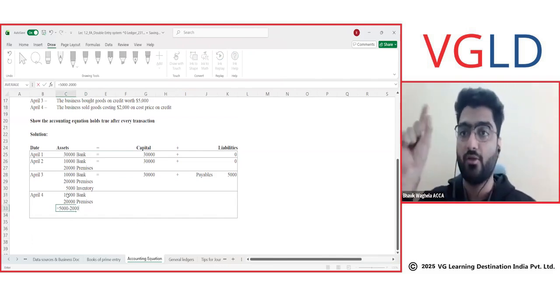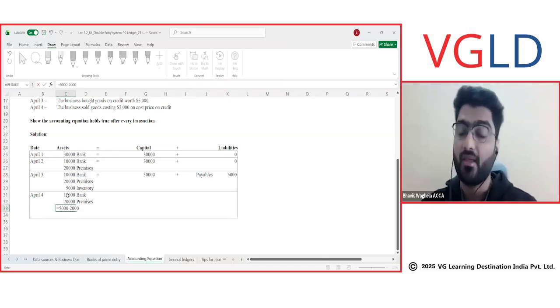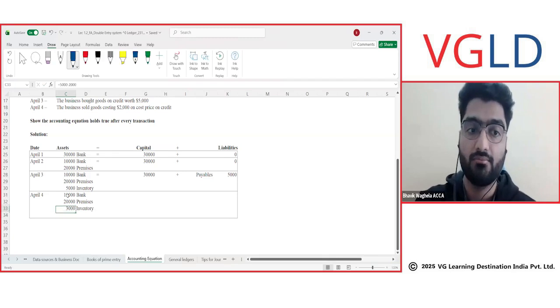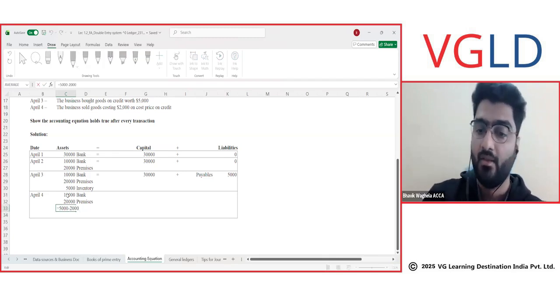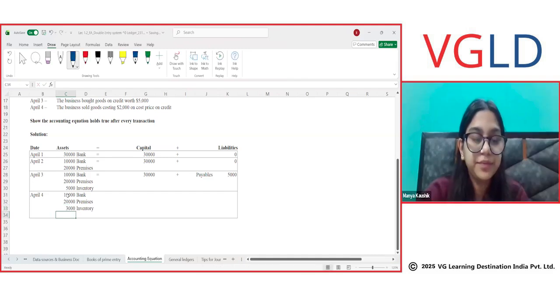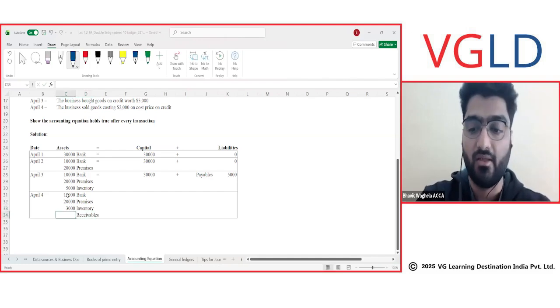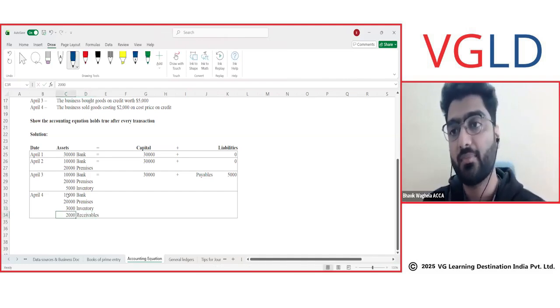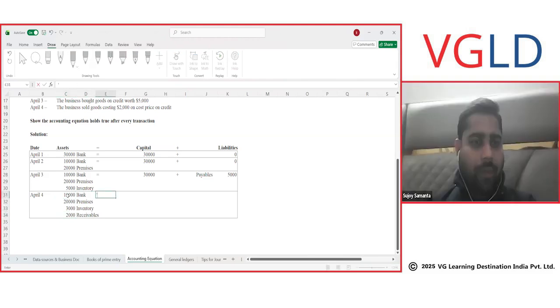Because the goods are sold on cost price only. So my inventory level will reduce by 2,000. Yes or no? Yes. But, sir, these goods are sold on credit. So don't you think my receivables amount will increase by 2,000? That is the selling price. Yes, sir.